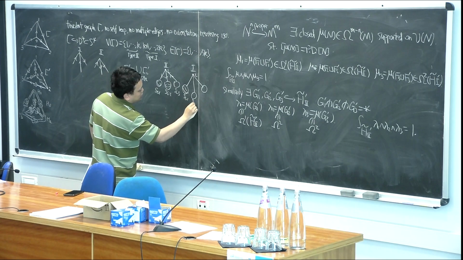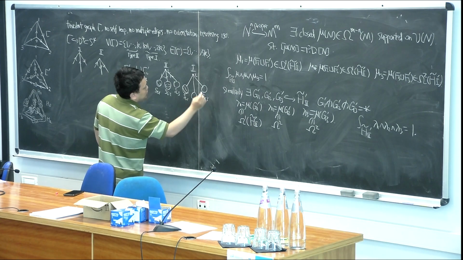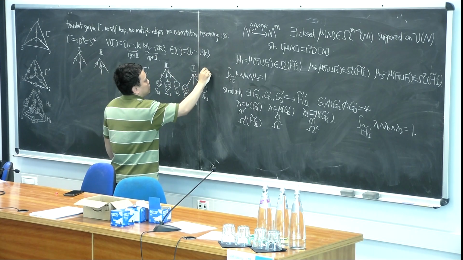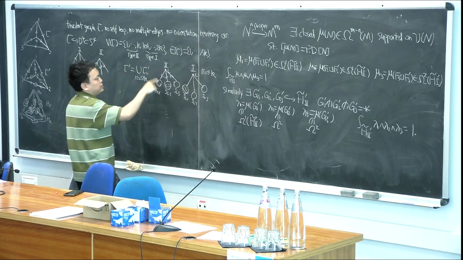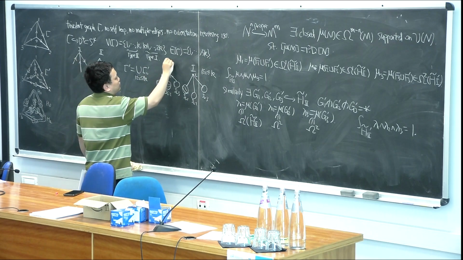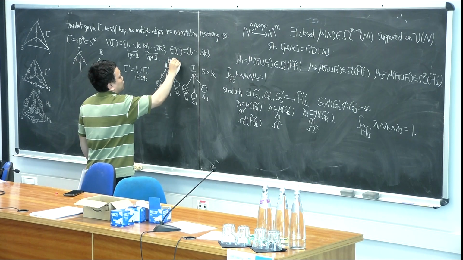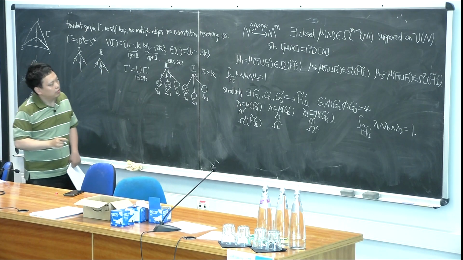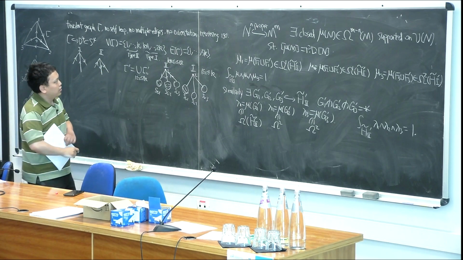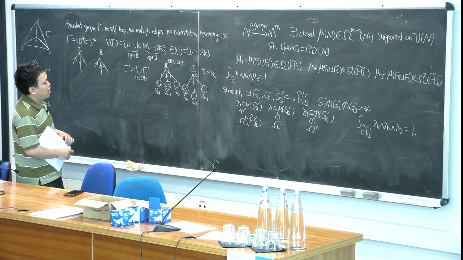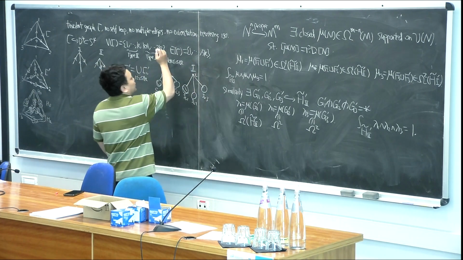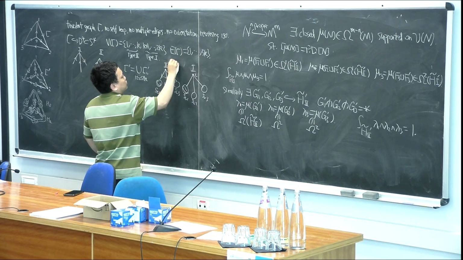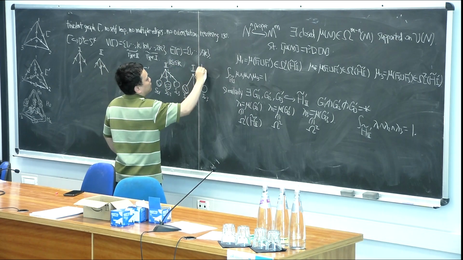Since i is type 1, here i is between 1 and k. And for this picture, because it's type 2, we have k plus 1 less than or equal to i less than or equal to 2k. Oh, okay, sorry, you're right. So here it is k type 2 should be, and this is type 1.